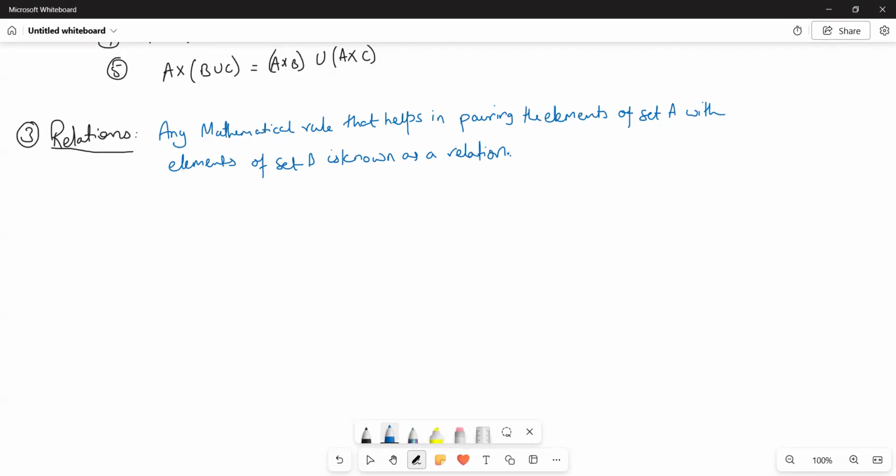Any mathematical rule that helps in pairing the elements of set A with the elements of set B is known as a relation.